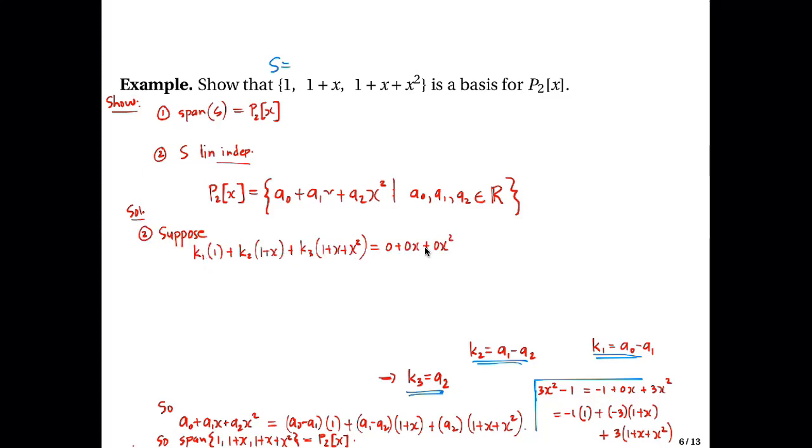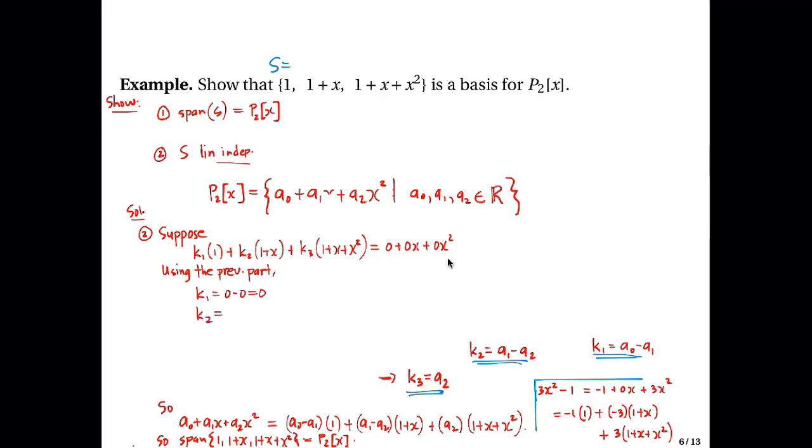This is the zero polynomial. But we will use this. So using the previous part, K1 will just be 0 minus 0 because K1 is A0 minus A1. This is your A0, this is your A1. So 0 minus 0 equals 0.